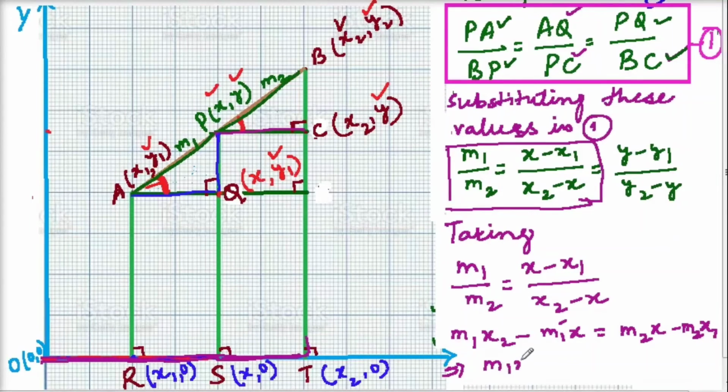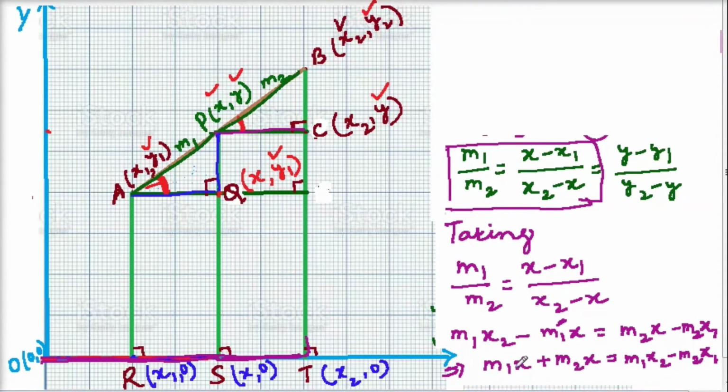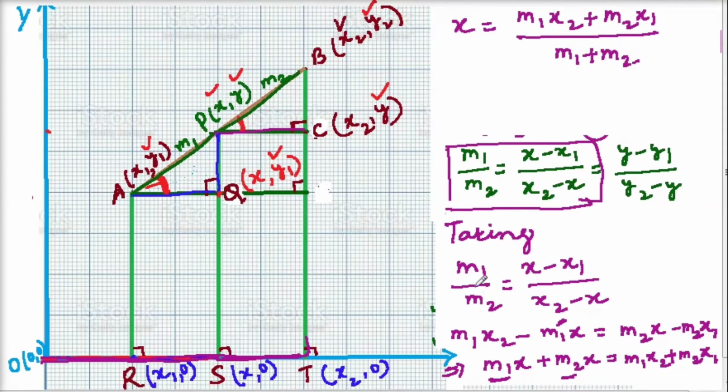We'll get m1x plus m2x equals to m1x2 plus m2x1. In left hand side we can take x common. If we'll take x common, we'll be left with x equals to m1x2 plus m2x1 upon m1 plus m2. This is the x coordinate of point P.